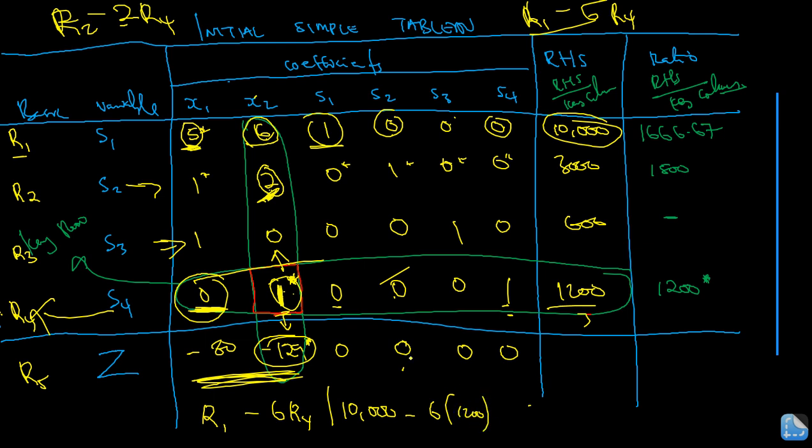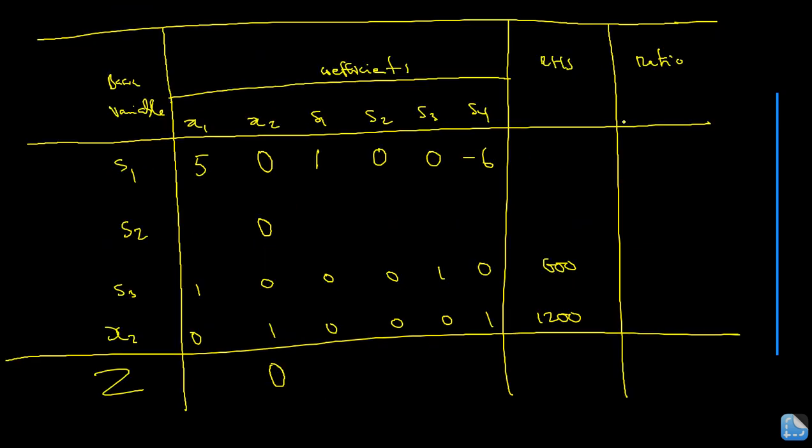So let me do that on the calculator. We have 6 times 1,200, so we have 7,200. Then 10,000 minus 7,200, we are getting 2,800. So we put 2,800 here. We are done.